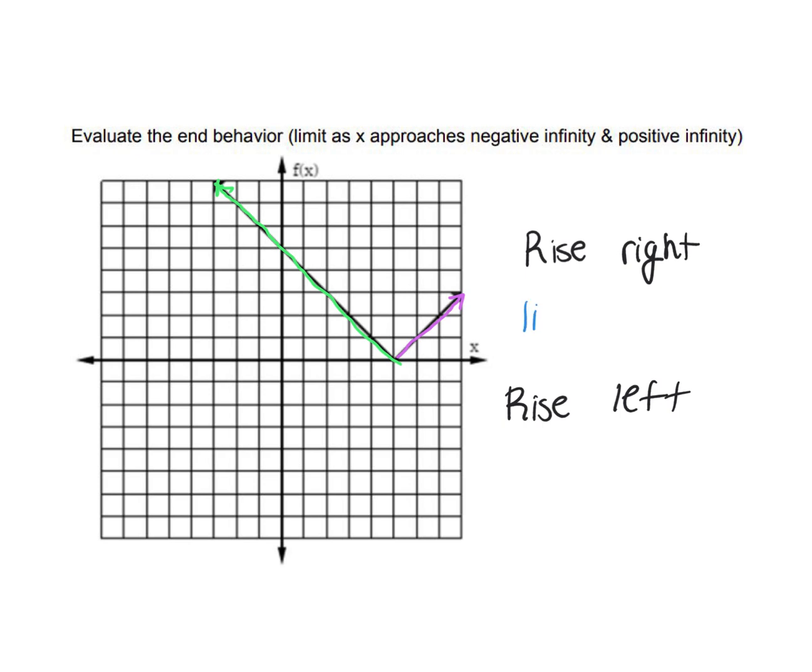So this will be the limit as x approaches infinity of f of x is positive infinity. This will be the limit as x approaches negative infinity of f of x is positive infinity.